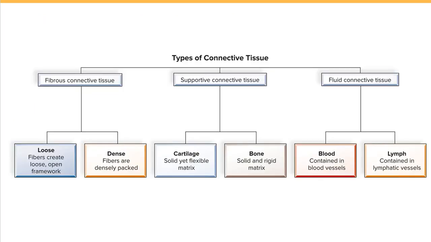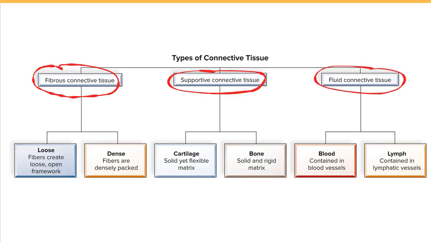We can find different types of connective tissue. We are going to divide connective tissue into fibrous connective tissue, supportive connective tissue, and fluid connective tissue. In fibrous connective tissue, we have loose and dense connective tissue.